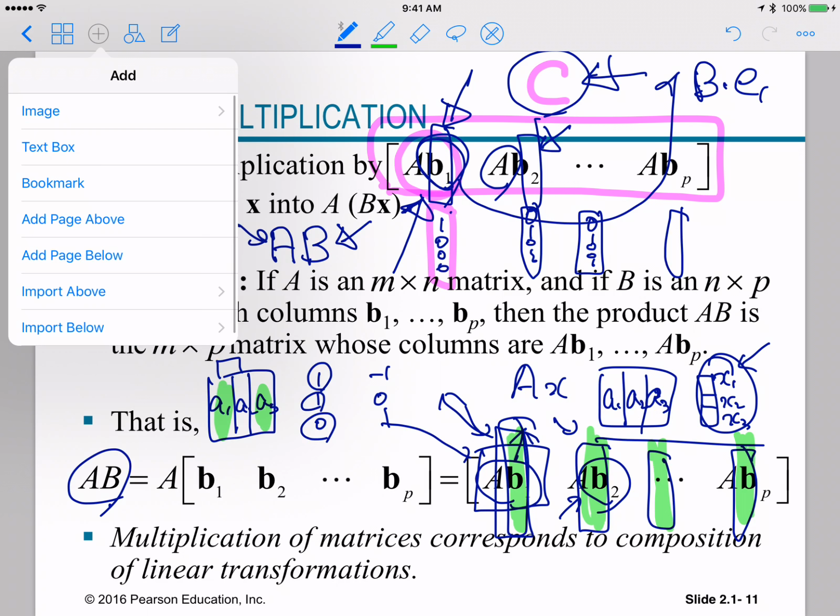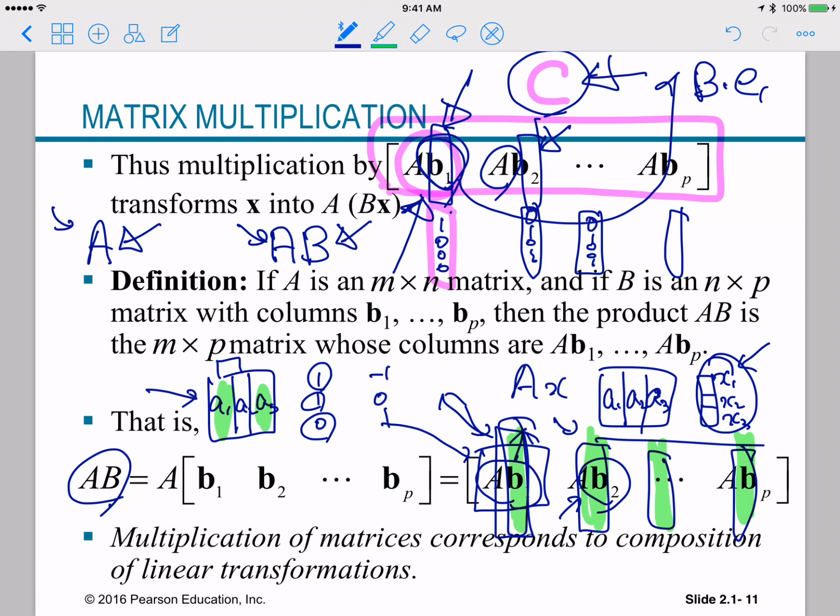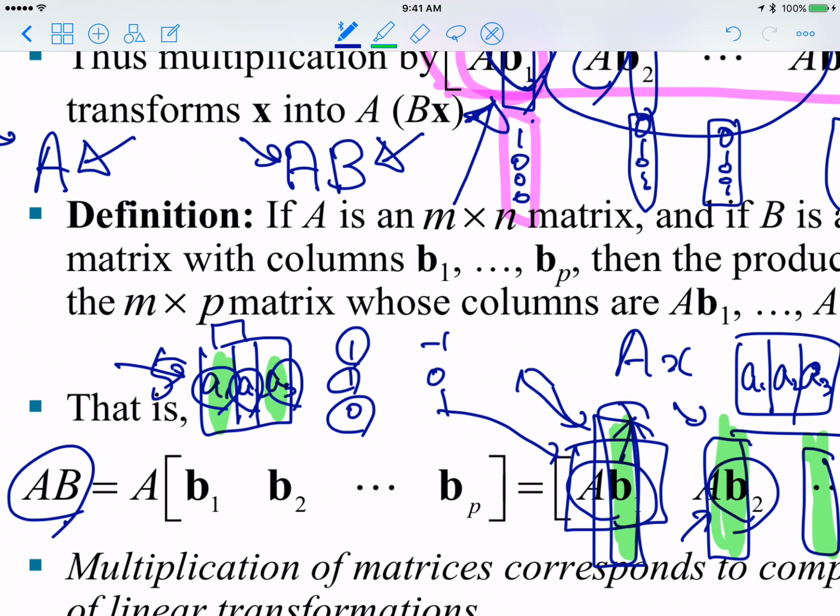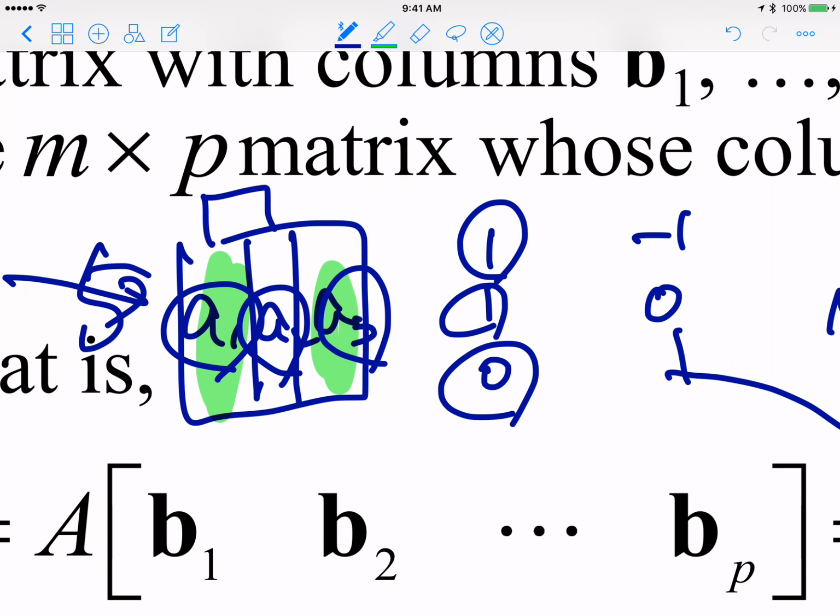Okay, so suppose the dimension of the columns of A was 5. So each of A1, A2, A3 had a dimension of 5. And then the span will be, of course, 5-dimensional vectors.